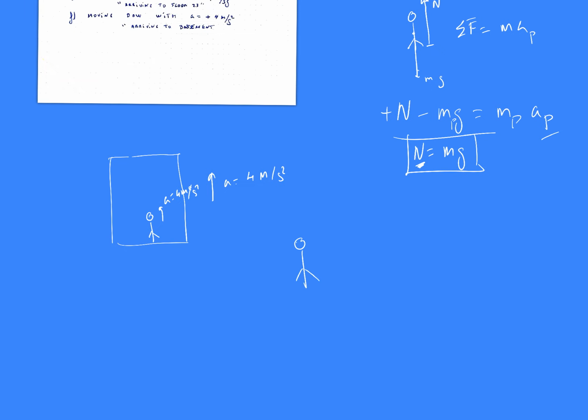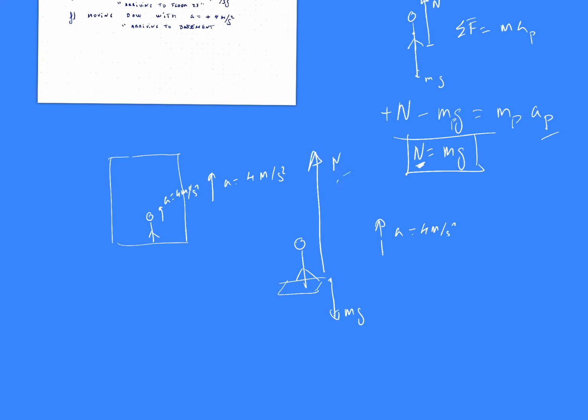And the guy is subject to two forces. First force, the weight, mg. Second force, the normal force. The scale is making a force going up. Otherwise, how can he accelerate with 4 meters per second squared up? Because there is a force going up.